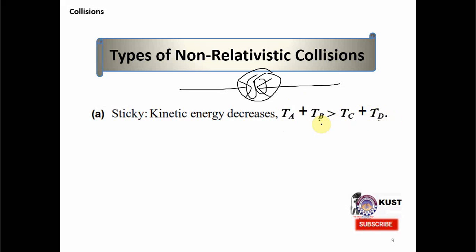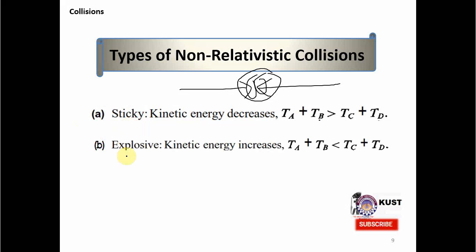So the total kinetic energy before collision and after collision is not the same, and this is greater than this. We say that kinetic energy decreased. It was greater before the collision but less after collision, and we call it the sticky collision.